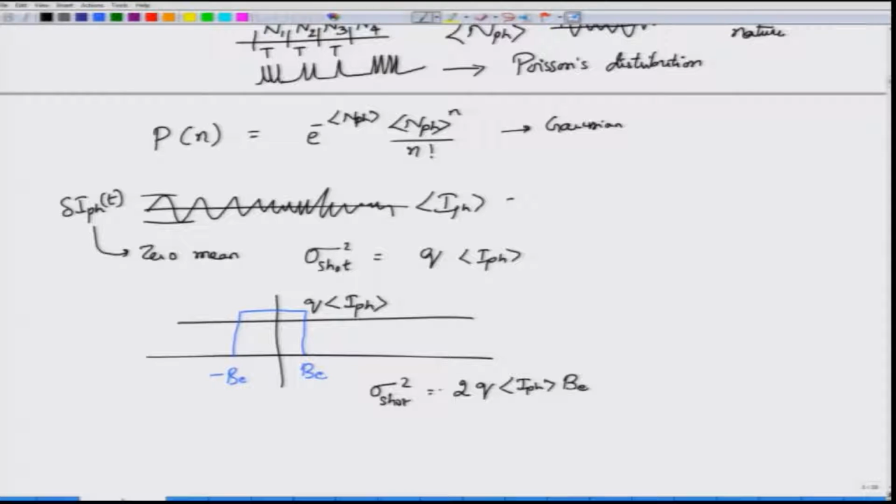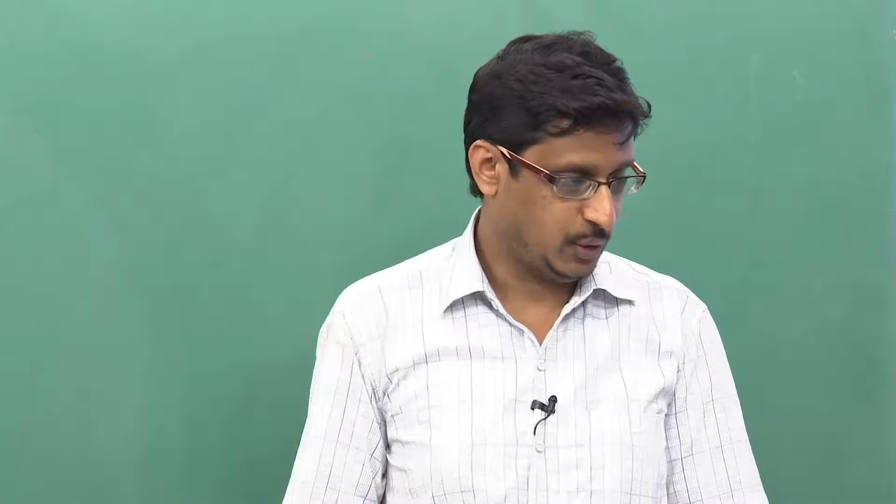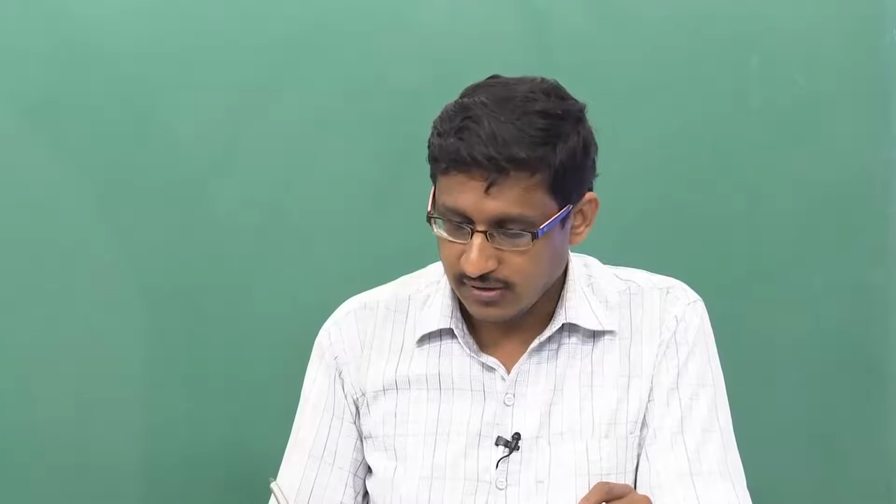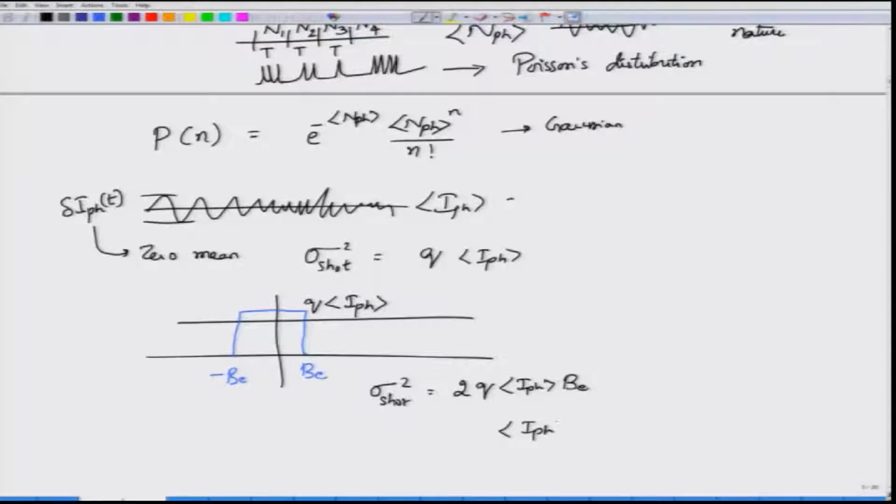Okay. This is the variance, because variance is actually the average power that is dissipated across a 1 ohm resistor. In case there is dark current, then you add the mean dark current. Okay. So, the shot noise variance simply becomes 2q into the mean photocurrent, which is generated because of the photon incidence, plus the dark current, times BE.